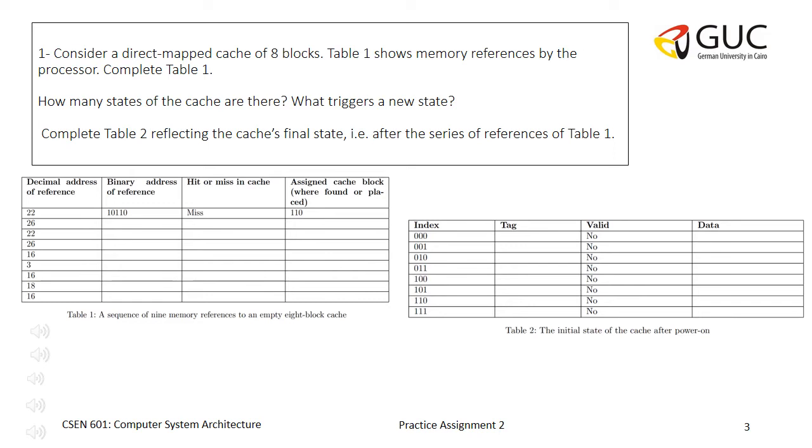If the valid bit for this index is true and the tag is equal to the tag we have, then this is a hit. If the valid bit is not true, then it's a miss. If the valid bit is true and the tag is not matching, then it is also a miss. So the only case of a hit is if the valid bit is yes and the tag is equal to the tag.